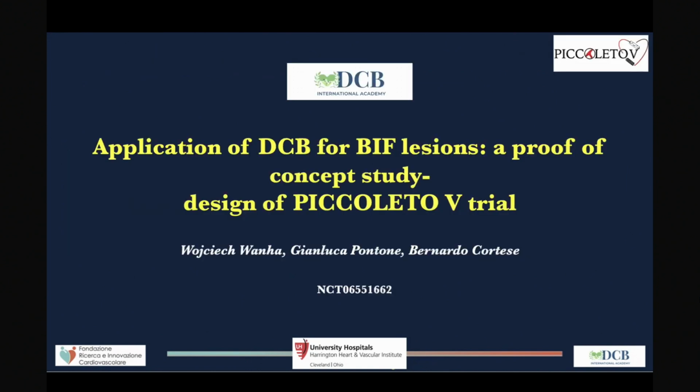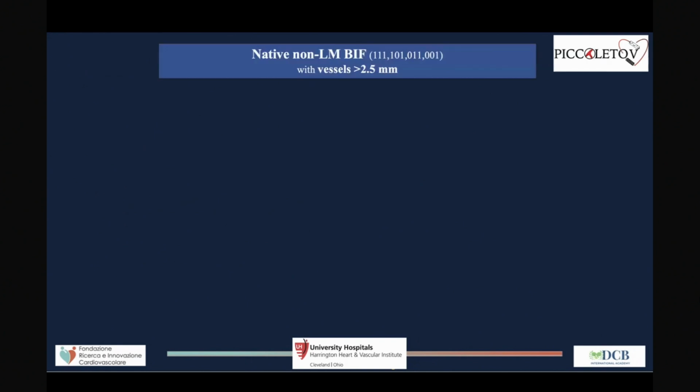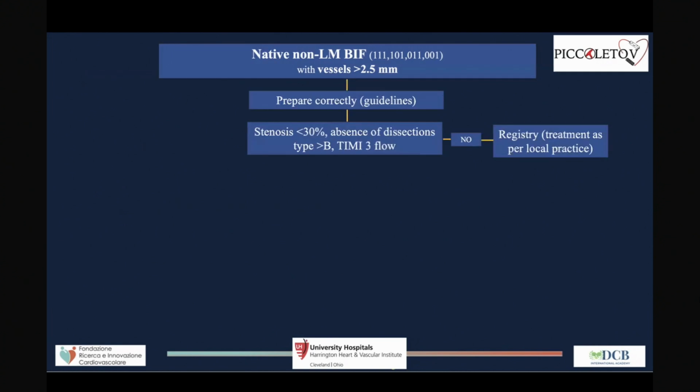I'm presenting a couple of slides of the Picoletto 5 study, which is in the startup phase. Wojciech is the PI for this study. We are enrolling patients, no left main, with 111, 101, 011, 001 Medina classification, big vessels.